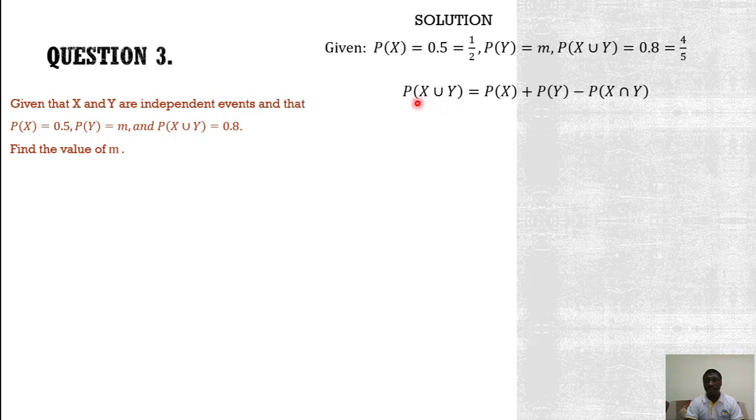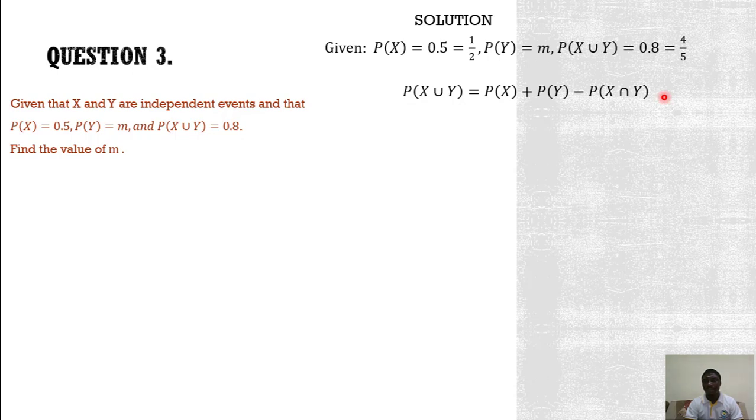Now, from the addition law of probability, you know that probability of X union Y is equal to probability of X plus probability of Y minus probability of X intersection Y.